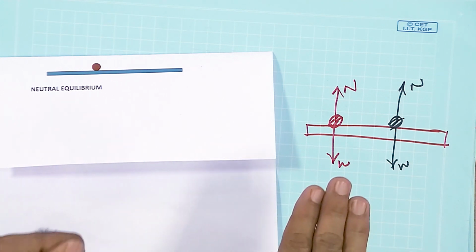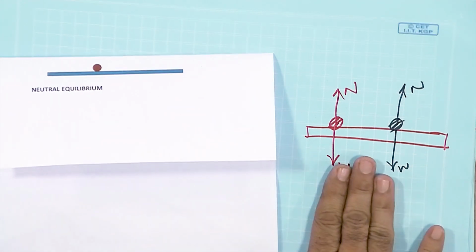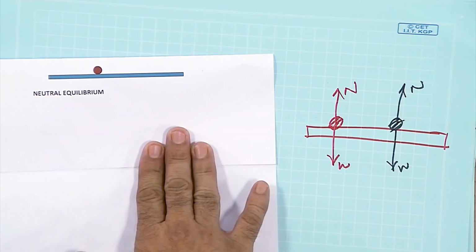In this exercise, there is no emergence of any additional force, no emergence of restoring force, and neither is there emergence of destabilizing force. So, wherever you keep it, all the positions are equilibrium positions. This type of equilibrium is known as neutral equilibrium.